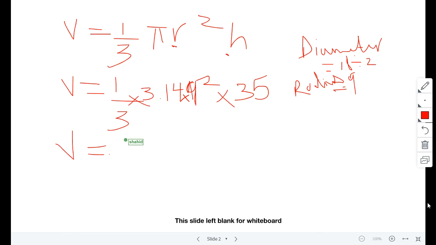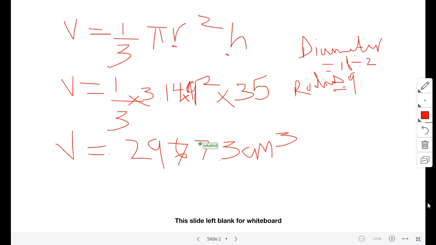So the answer that I got for this was 2967.3 centimeters cubed, right? Yes. But instead of this, I put to the nearest 10 centimeters, that would be 2970, right? Yes. Okay, and cubed. And would I write this answer as well, or would I just not write this answer?